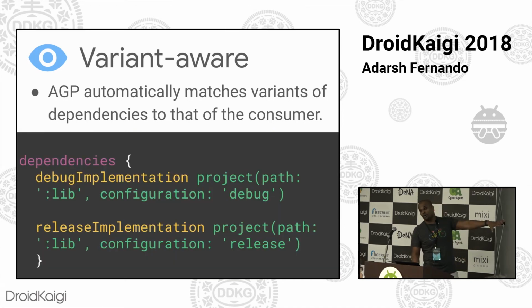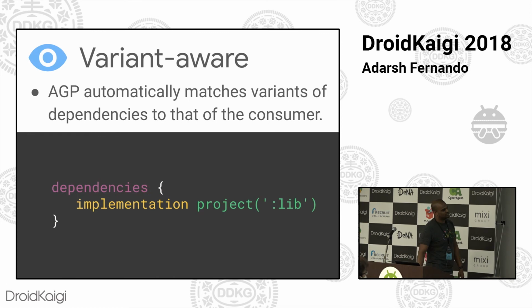So before, this is what you had to do. In dependencies, you have debug implementation. Well, actually, this would be debug compile. But anyway, you'd have to do that. So for your debug build type, you want to add the debug version of the library, and same thing with release. But now, this is all you have to do.